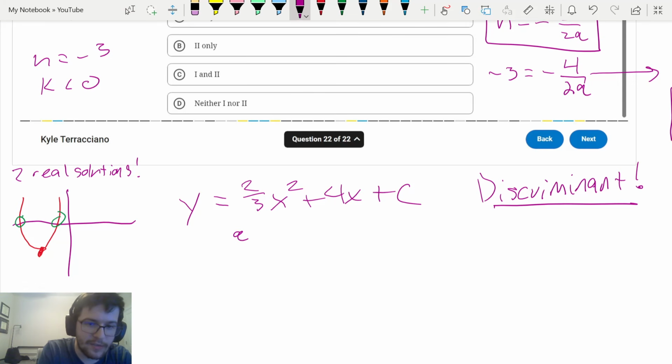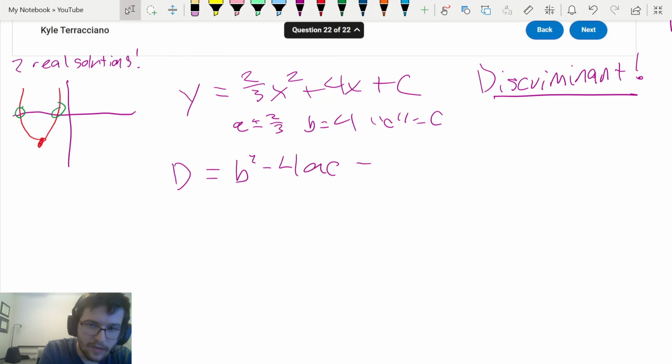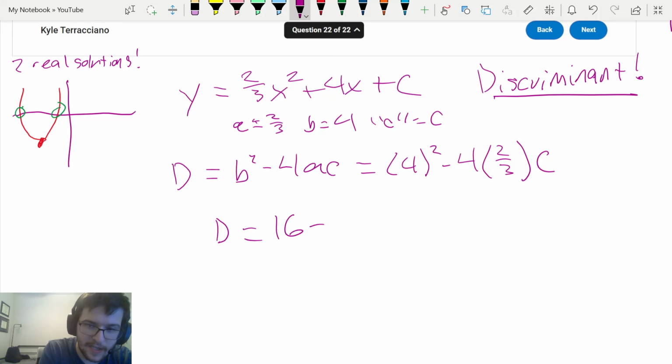So A is 2/3, B is 4, and C is just C. So now we do B squared minus 4AC, which is 4 squared minus 4 times 2/3 times C, and that gives you 16 minus 8/3 C.